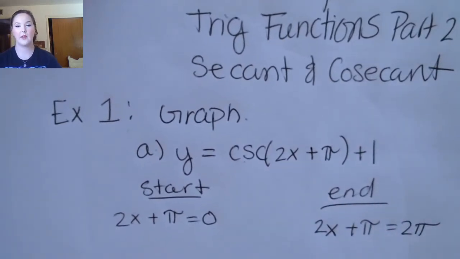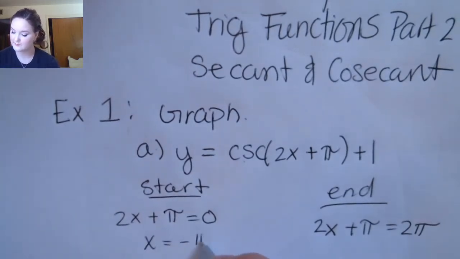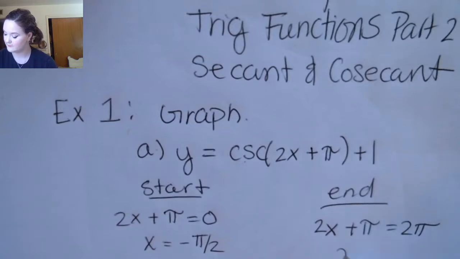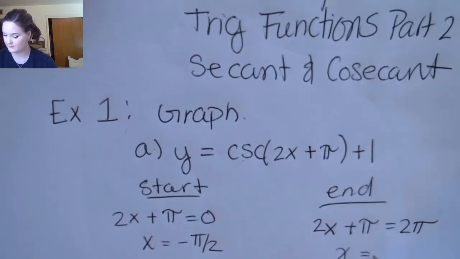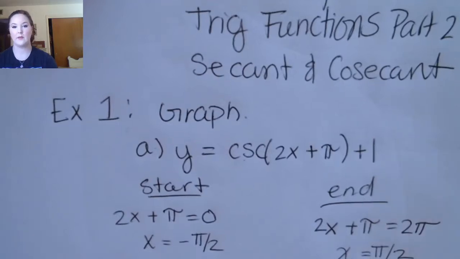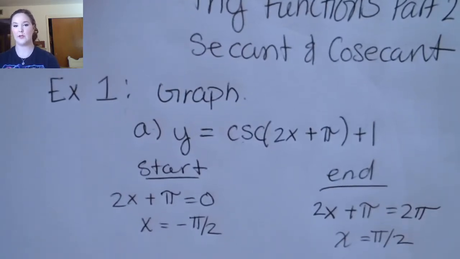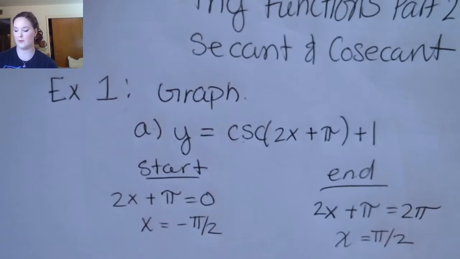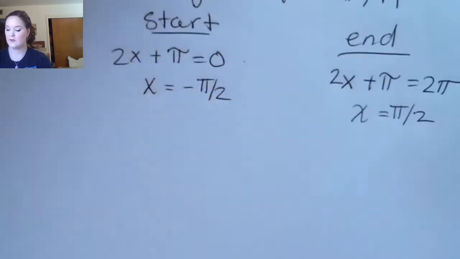Okay, so now we're going to solve for x. Okay, so we get that our graph is going to be between negative pi over 2 and positive pi over 2. Okay, so let's draw our graph.